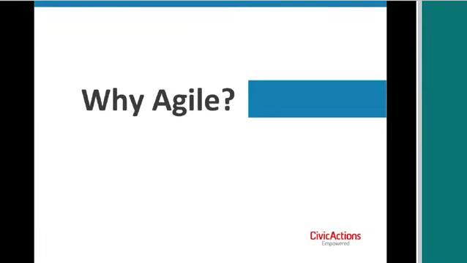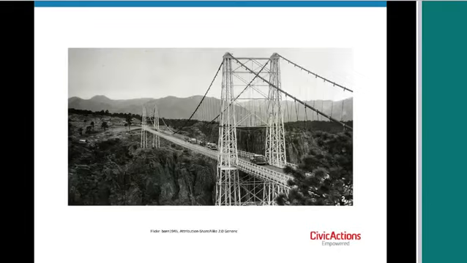Another way that software has been thought of is that it's like we're building a bridge. And if you're building a bridge, you need to plan everything out ahead of time because you don't want to send a car across that bridge without having a really good understanding of whether it's going to fall down or not. But when we are creating software, we're not building a bridge and we're not doing a series of repetitive tasks.